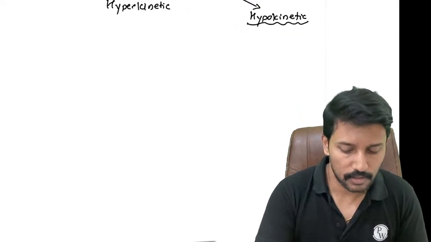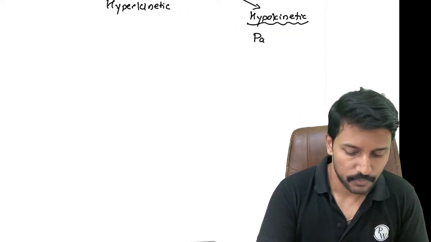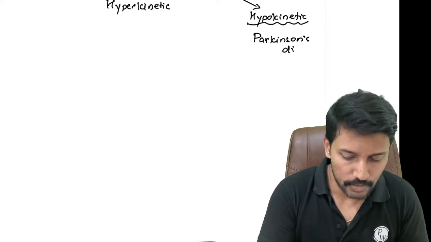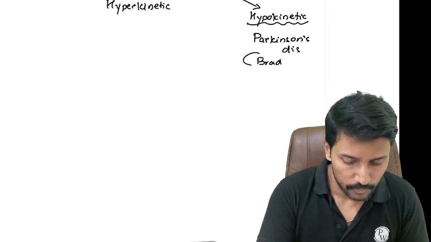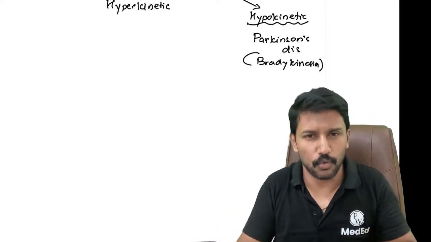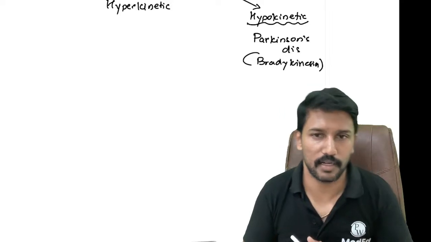Hypokinetic movement disorder, the classical example we should think of is Parkinson's disease. Whenever we talk about Parkinson's disease, we talk about bradykinesia, right? Bradykinesia is the condition where there is decreased movement. The patient has got only slow movements. It's a hypokinetic movement disorder.